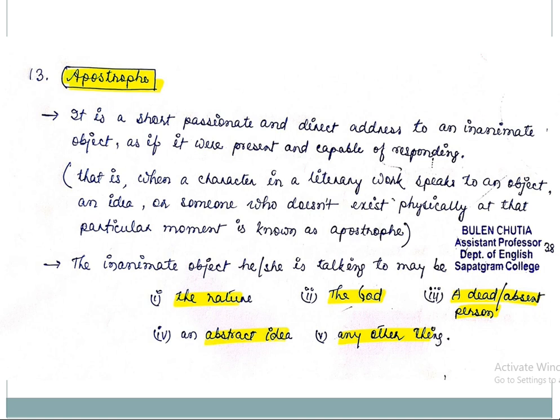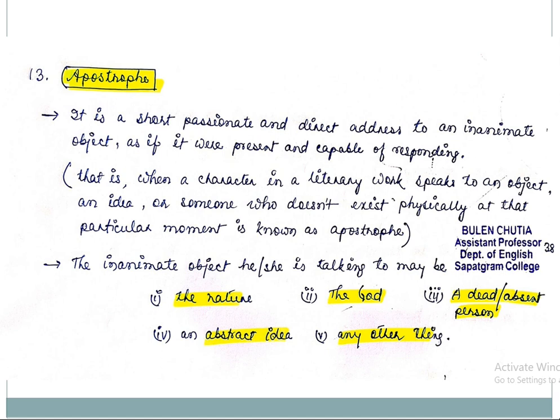Apostrophe is a short, passionate, and direct address to an inanimate object, as if it were present and capable of responding. That is, when a character in a literary work speaks to an object, an idea, or someone who does not exist physically at that particular moment, it is known as apostrophe.